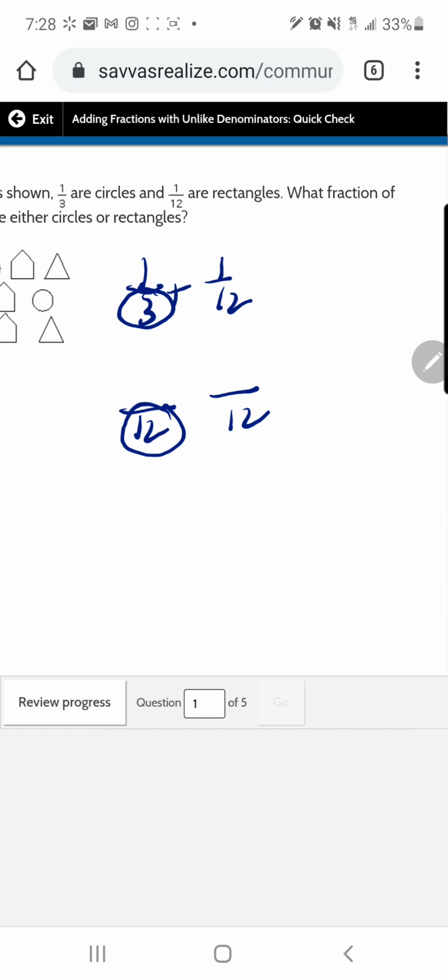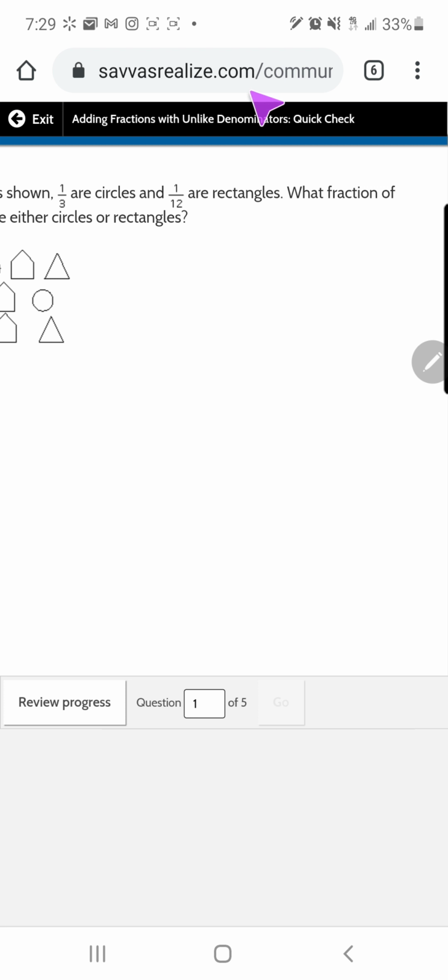We can only either multiply or divide. And in this case, the answer is simple. All you have to do is multiply 3 times 4 to get 12. So what you do to your denominator, you will do to your numerator.